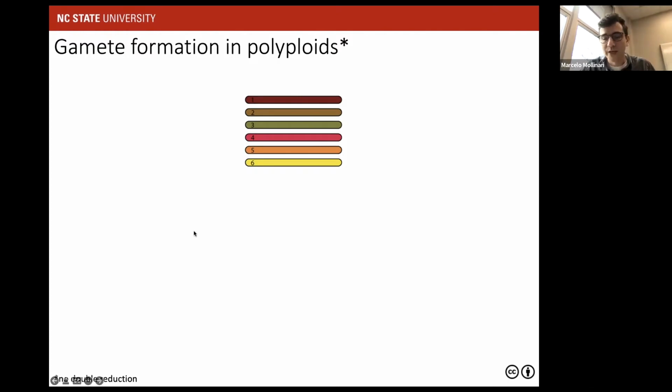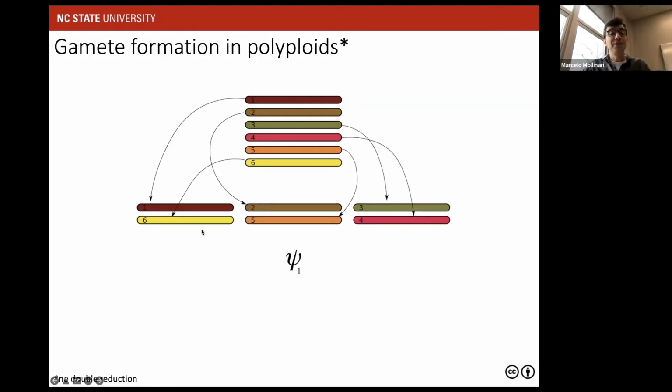And here we are just considering bivalent parents. So we can have this first bivalent pairing, right? Let's say 1 paired with 6, 2 with 5, and 3 with 4. Okay, this is one possibility. Another possibility would be 1, 6, 2, 4, 3, 5, and so on. We can have several possibilities, right?